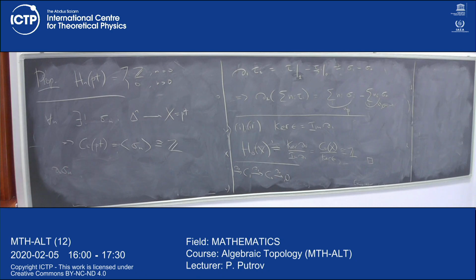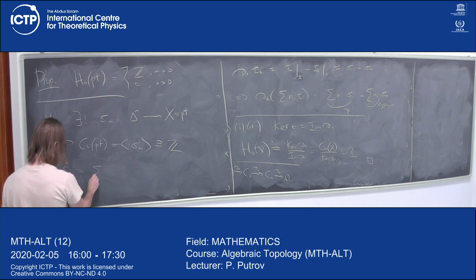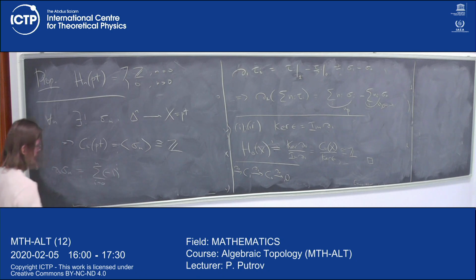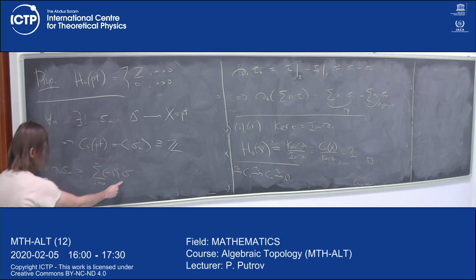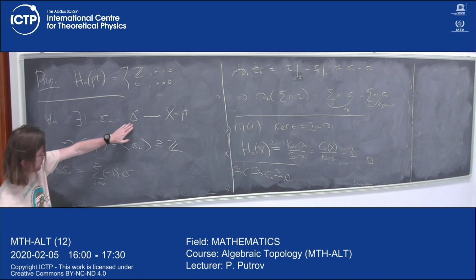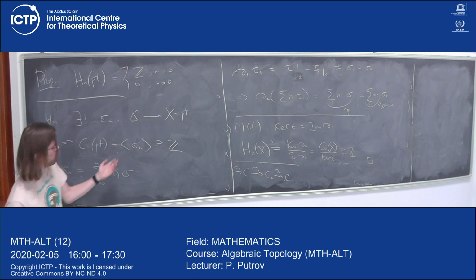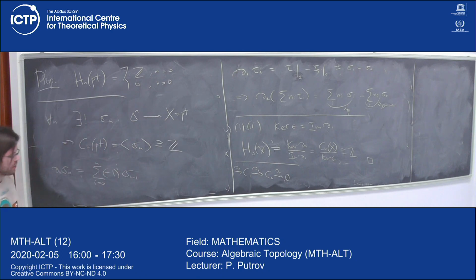Okay, so we know the group Cn. Now we want to know how the boundary homomorphism acts. Well, it's enough to do this on the generator. So if we act with d on sigma n, by definition this is the following alternating sum. Here we want to consider the restriction of sigma n to a particular face. But of course, since there's a unique map, all restrictions are the same, and they are equal to sigma n minus 1.